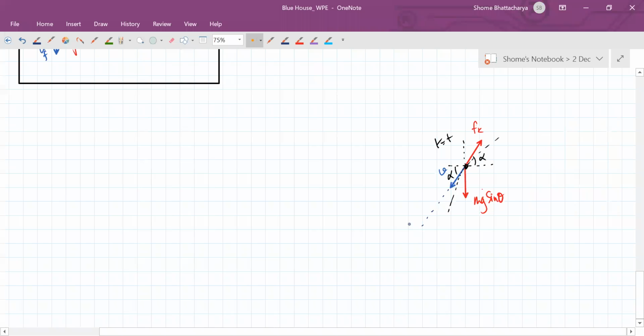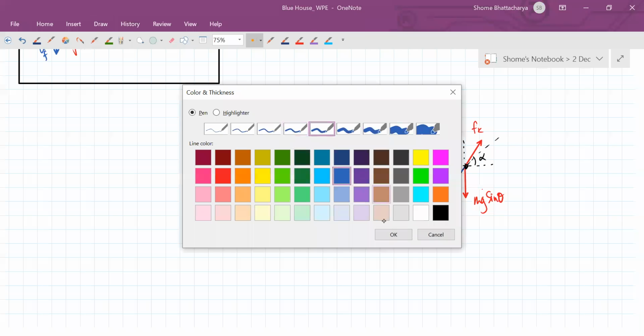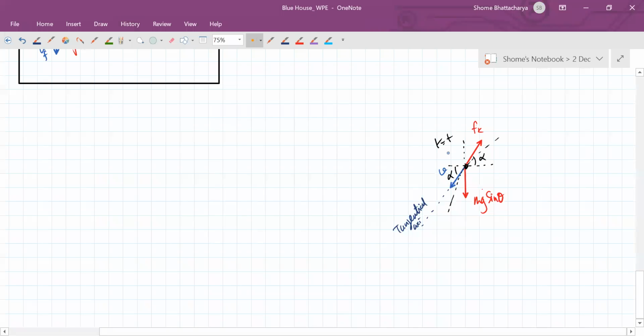This is your tangential axis because the velocity vector is along that direction, and this is your radial axis. So what we can do is we can analyze it in terms of tangential acceleration and radial acceleration.